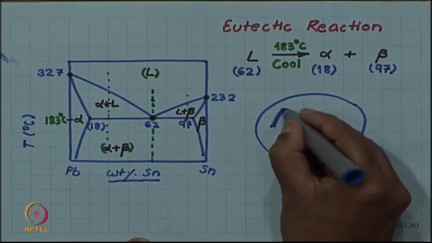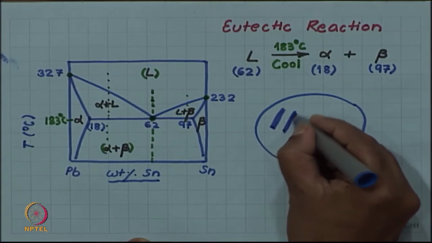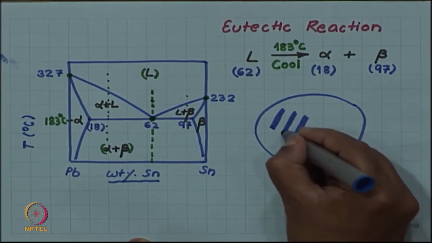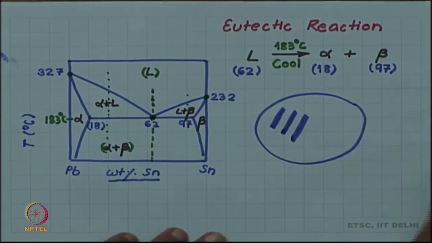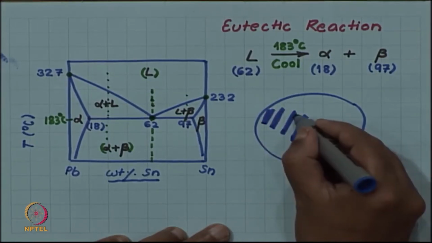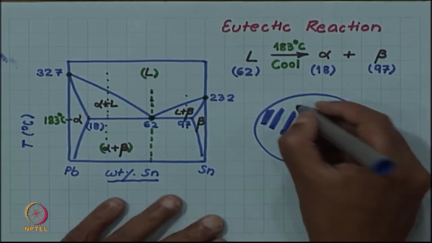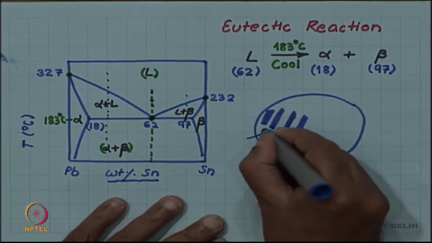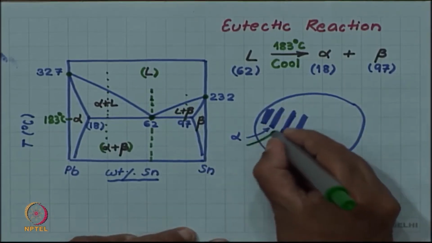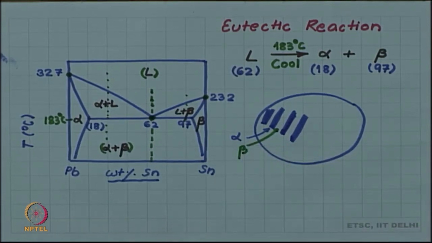So, let me draw alpha as these blue plates, and in many eutectics, and in case of lead tin also, the mixture of the two phases come as alternate plates of alpha and beta. So, in this case I am representing these plates as alpha, and in between what I have not colored as beta. So, you are forming a eutectic mixture.